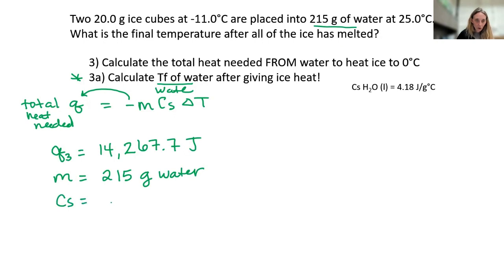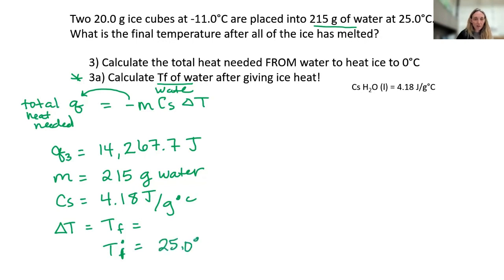The Cs of the water is 4.18 joules per gram degree Celsius. And my delta T is the temperature final minus the temperature initial. So temperature initial is 25.0 degrees Celsius. And temperature of the final, we don't know. So we have to solve for that.